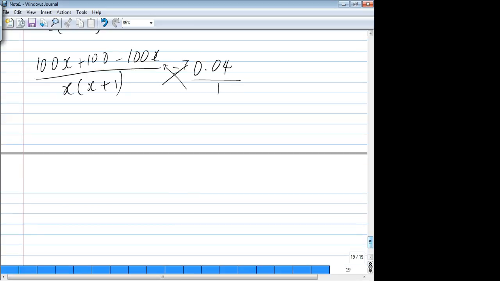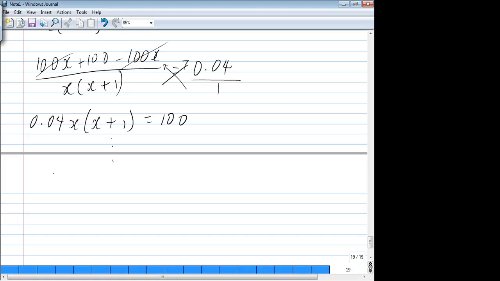At the same time, we realize that 100x minus 100x can cancel. So we are left with x times x plus 1 times 0.04. So 0.04 x times x plus 1 equals to 100. Expand it out and simplify.